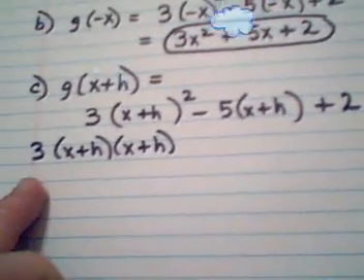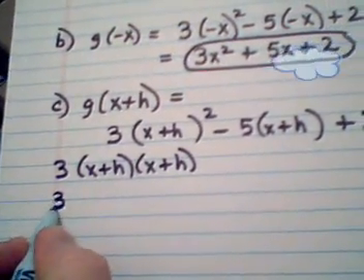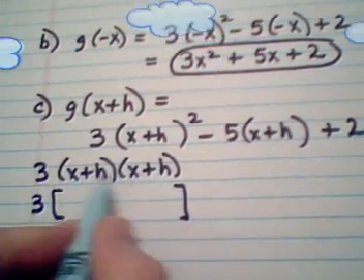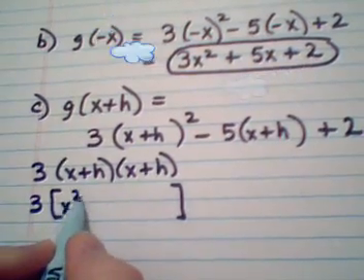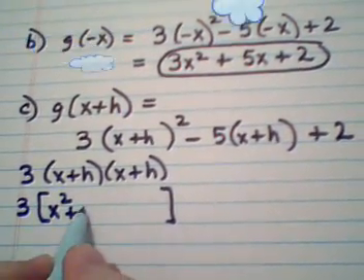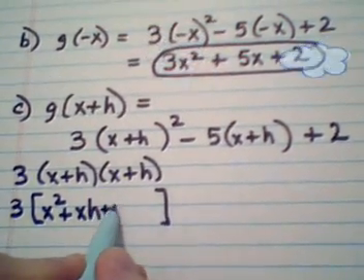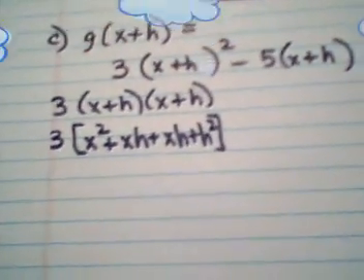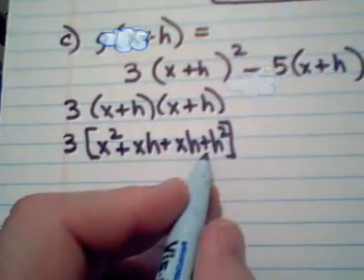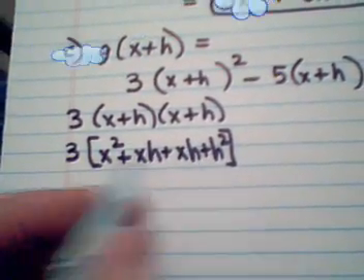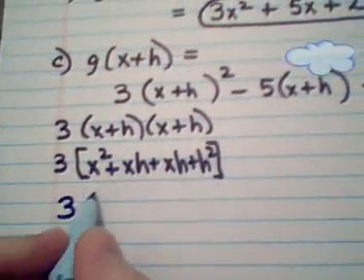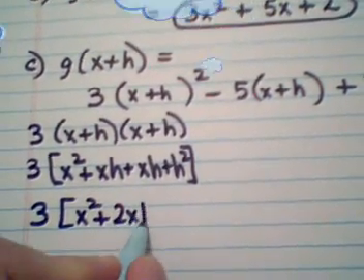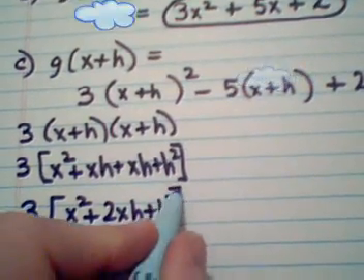Let's work on this part. 3 is still the same. When I work on this foiling, x times x is x squared plus xh plus xh plus h squared. That all gets multiplied by 3, or we could actually combine like terms in here first. We have 3 times x squared plus 2xh plus h squared.